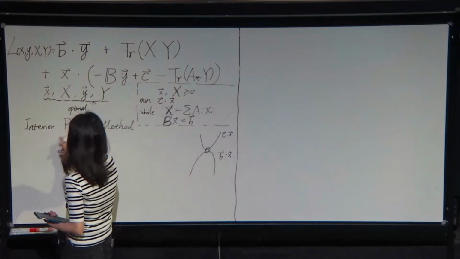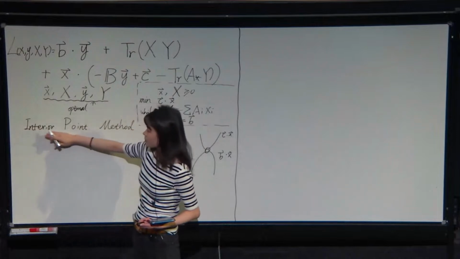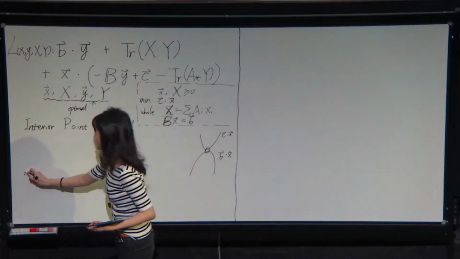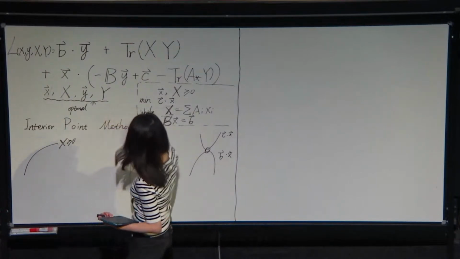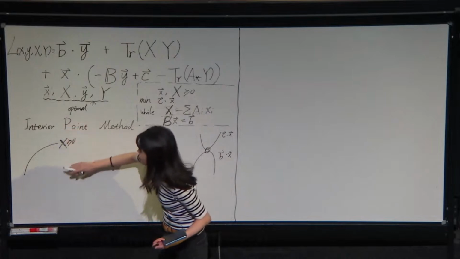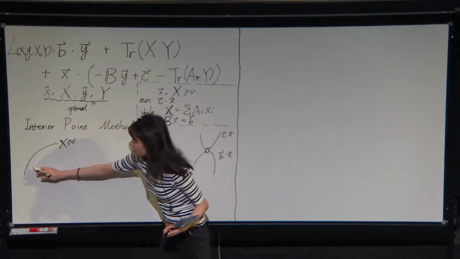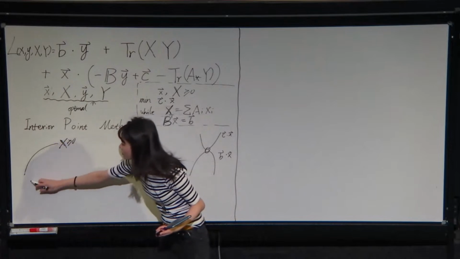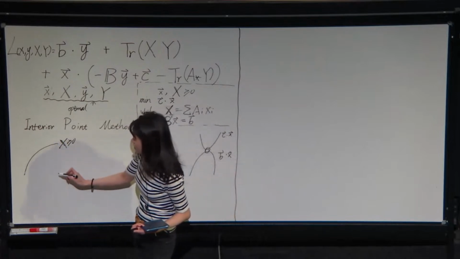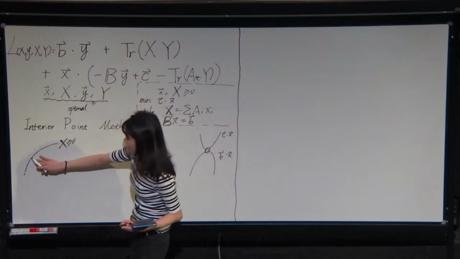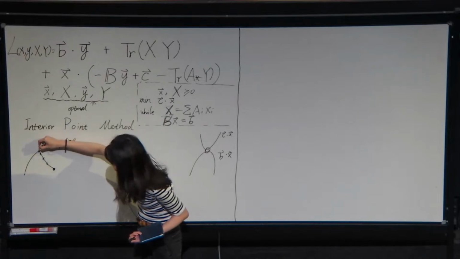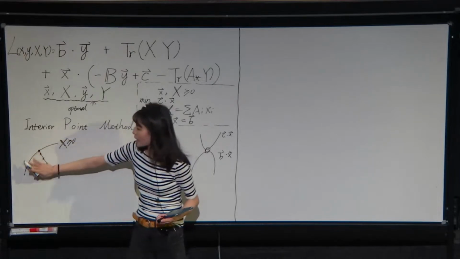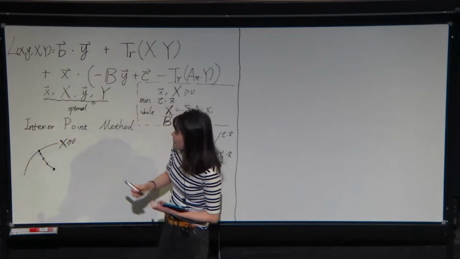Okay, and the reason it's called interior point is this. I'll use the capital X as an example here. This is the positive region, and this is the boundary of the positive cone of X. The interior point method will start from deep inside the interior, and each time it will take a step and gradually converge to some optimal solution on the surface.